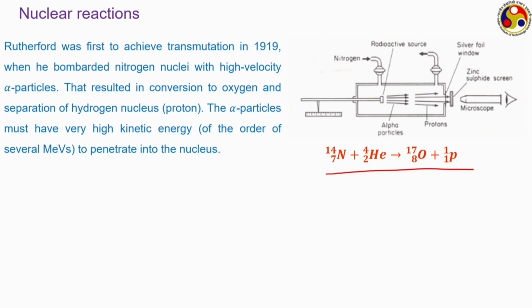We are trying to break that with another very positively charged particle, and hence as the alpha particle approaches this nucleus, it will face a large repulsion force because of their identical charge. Therefore, this particular reaction, the alpha particle breaking the nitrogen nucleus, is possible only when the alpha particle has very high kinetic energy of the order of several MeV. Then only is it able to penetrate into the nucleus of nitrogen and cause this reaction.